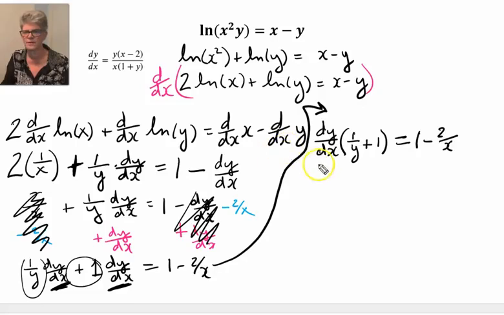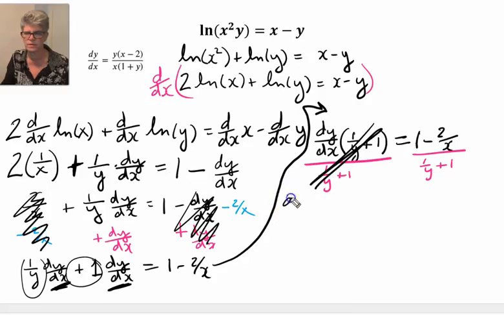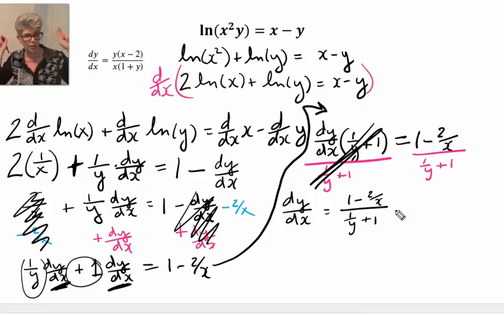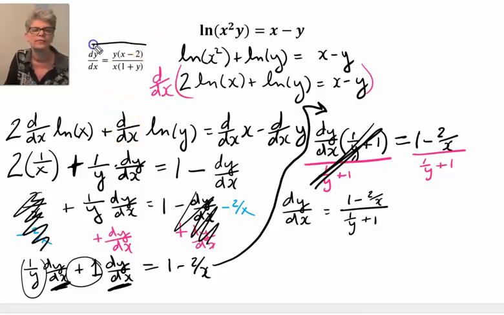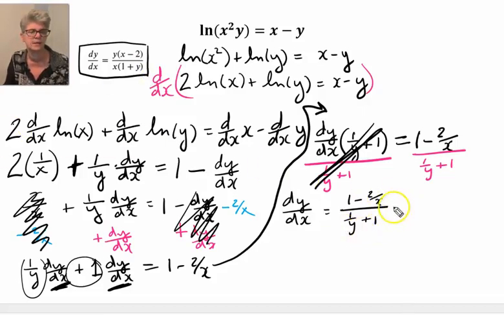Now to find dy/dx, it's dy/dx times something, so I just divide both sides by whatever it's multiplied by. So my answer is dy/dx equals this. Now this is certainly a correct answer. But what if this is a multiple choice final exam and you don't see it written like that anywhere?